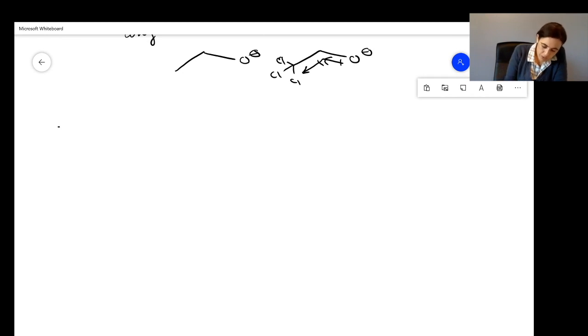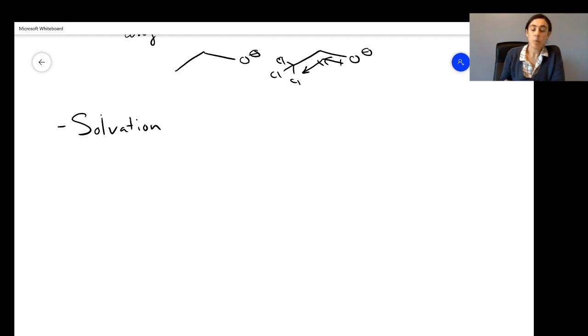So the last one is one that we haven't covered yet, and that is the influence of the environment. Remember that we're measuring pKa's in water. So solvation is going to play a role. How the molecule interacts with water will influence how willing it is to give up a proton.